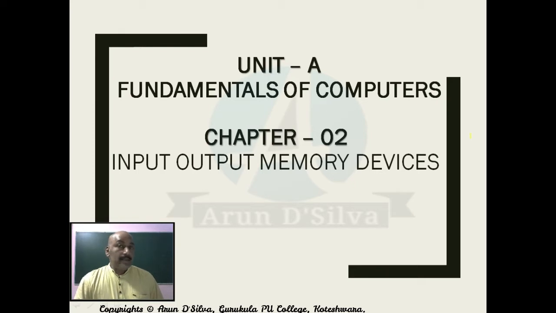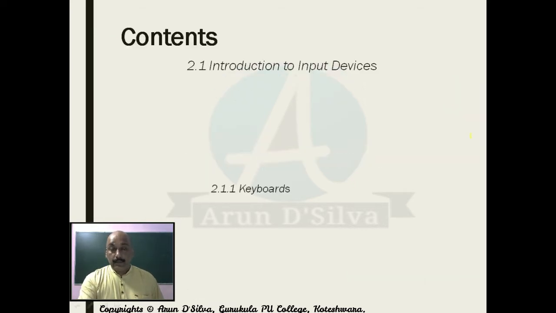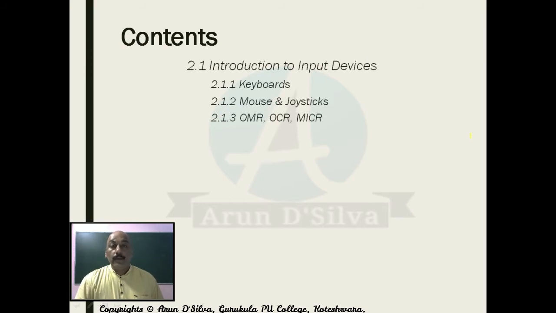So let us see in this chapter what the different input, output and memory devices are that will be used. In this chapter, of course, the first part I will take is input devices. In that I will brief you on keyboards, mouse and joysticks, OMR, OCR, MICR.